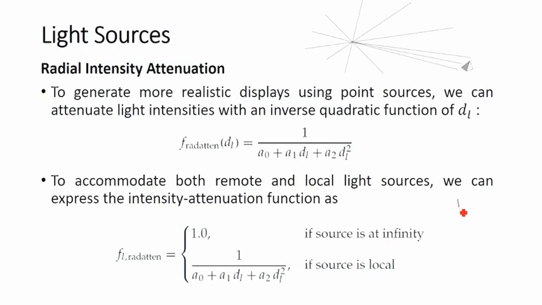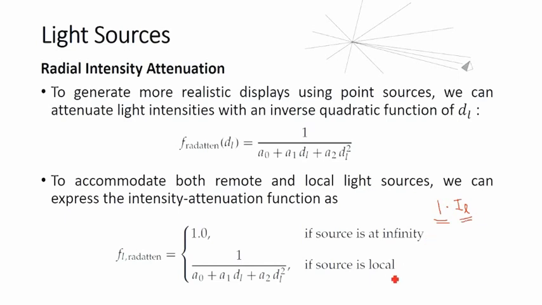So we will assume that the intensity that it receives will be the same, or it remains constant. So the radial attenuation factor, we will keep it at 1. So there won't be any attenuation with respect to the light intensity that will be considered.